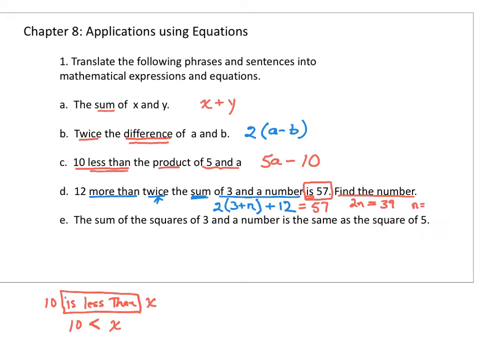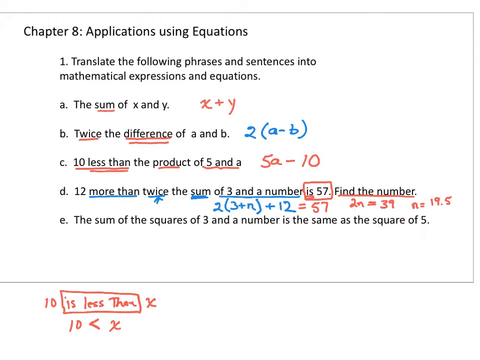Well, it's going to be 19 and a half, I believe. Okay. So now we can write the equation and solve it to find the missing number. Let's try that next one.